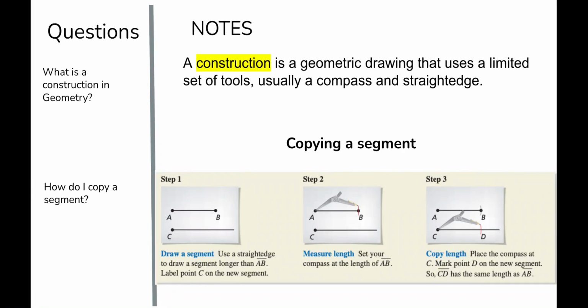So now we move into looking at copying a segment. So we can copy a segment by using a compass and a straight edge to do that. You can pause the video and look at the below steps to copying a segment.